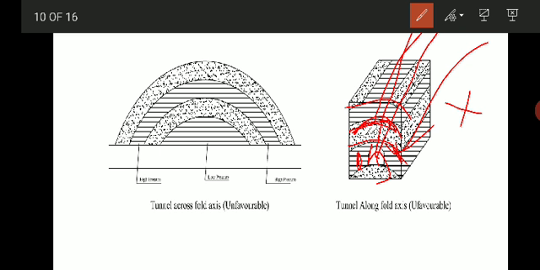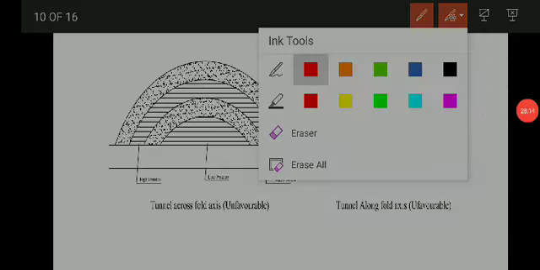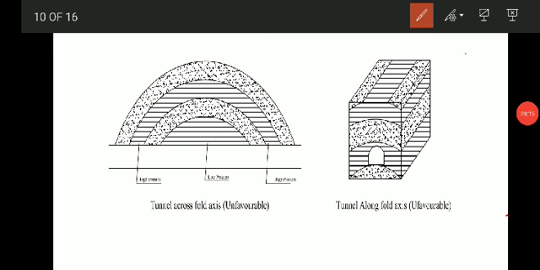On the other hand, the tunnel that is cut across the axis of an anticline is safer. Here there is a mistake, it is favorable.